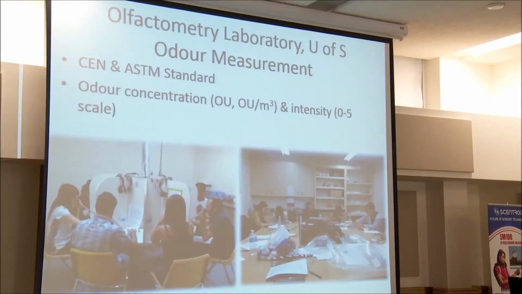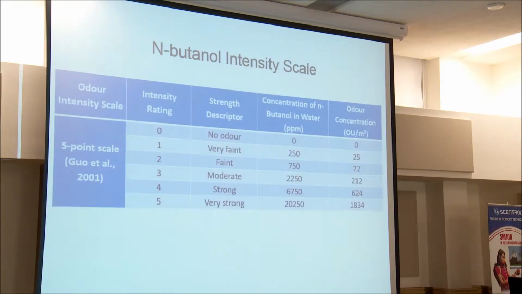For odor measurement, we did all the measurement in our olfactometry lab. We have an 8-pod olfactometer. We use 8 panelists to do the measurement. And for odor intensity, we use the butanol intensity scale. Basically, intensity level 1 is a very faint odor. It has an odor concentration of 25.